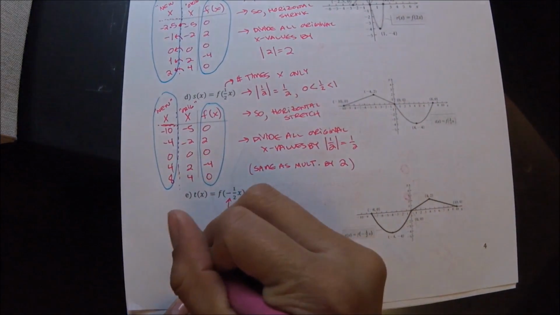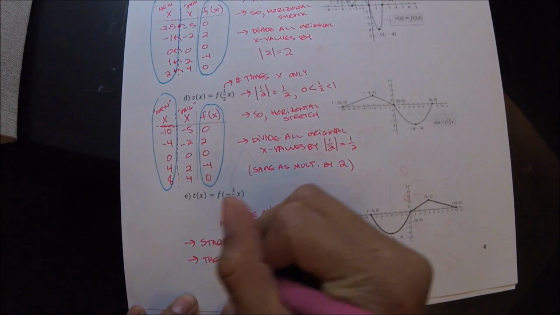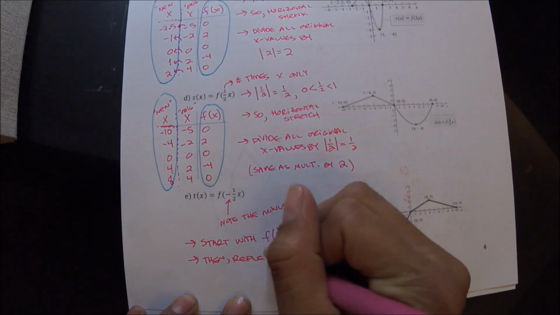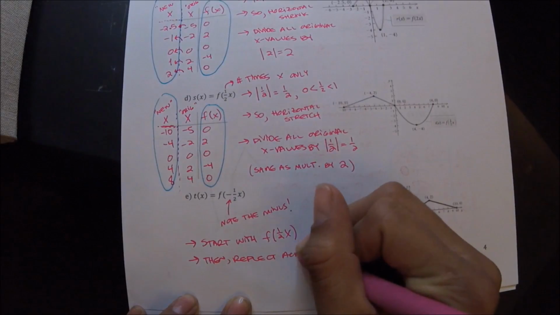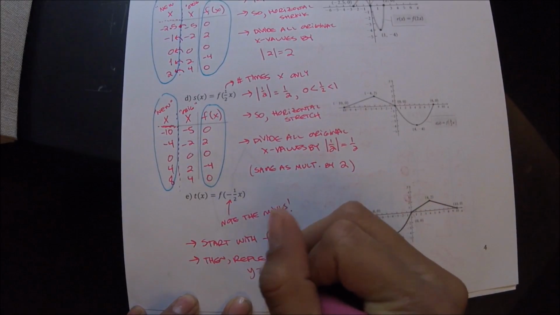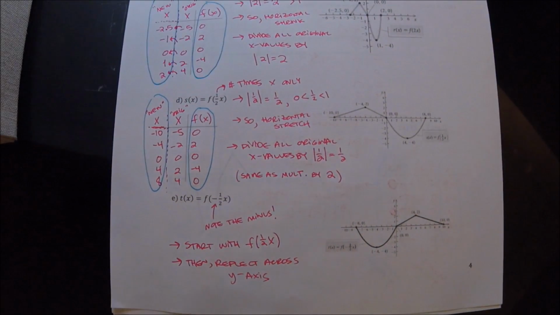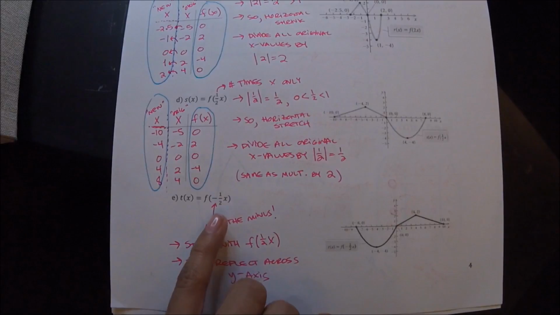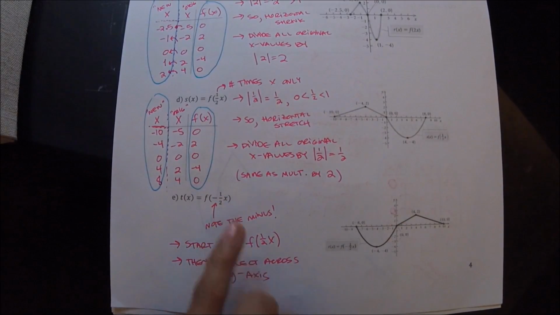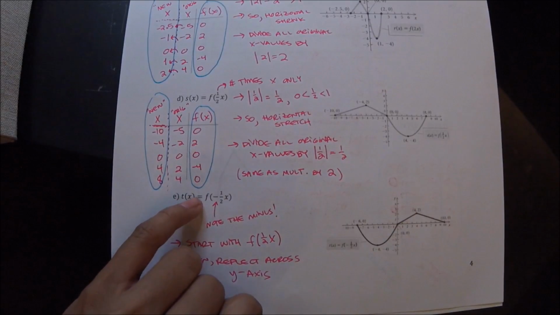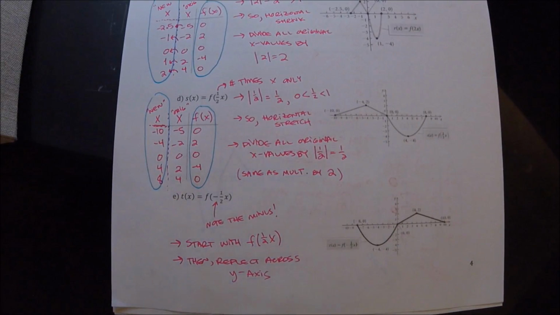So then we need to reflect across the y-axis. And that's the same rule as when we were talking about reflections earlier. If you have a minus attached to the x, then that's always a reflection across the y-axis. But if it had been a minus out in front, then we would reflect across the x-axis.